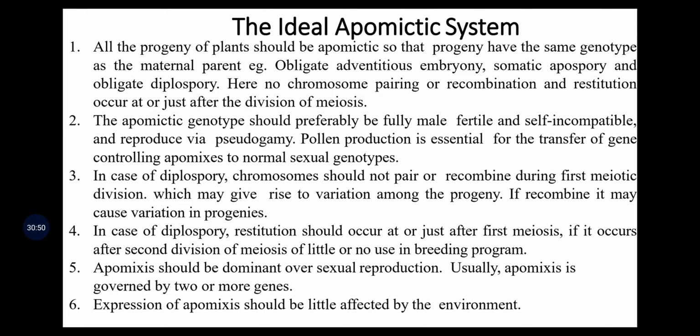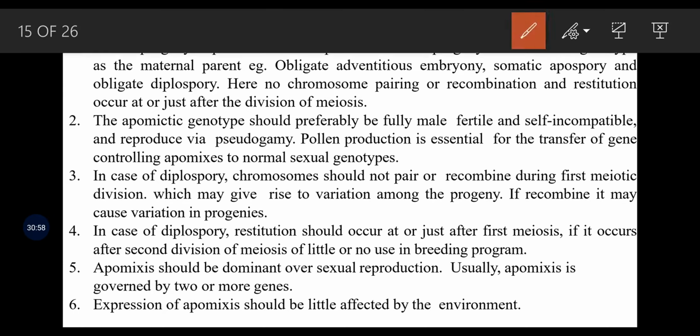Here no chromosome pairing or recombination, and restitution occurs at or just after the division of meiosis. That means three processes are forbidden here: chromosome pairing, recombination, and restitution, that should occur at or just after the division of meiosis.